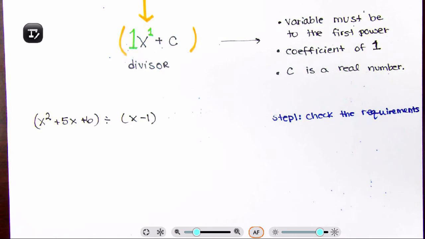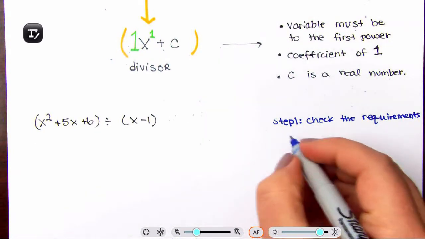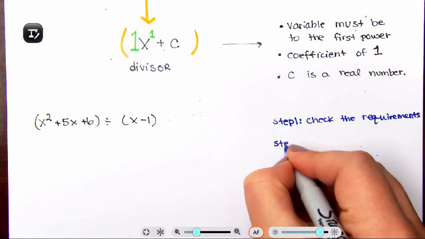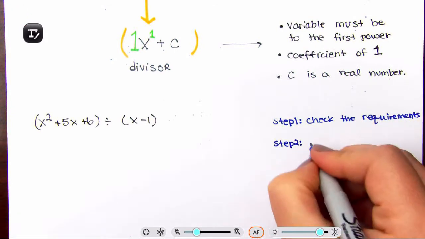Once you check your requirements, step number 2, check for order and check for missing terms.